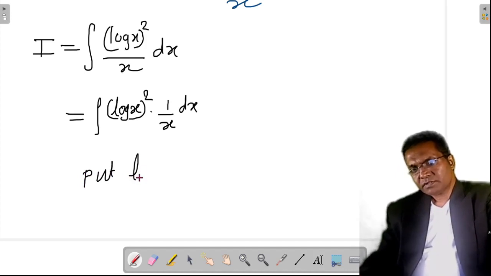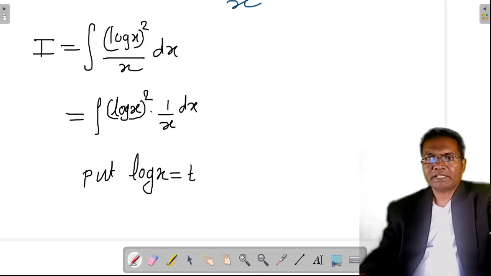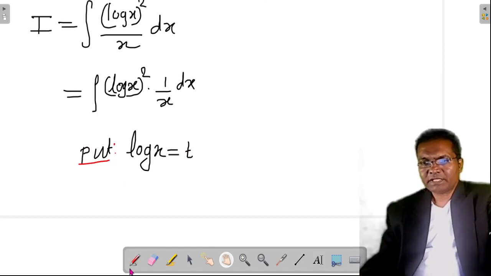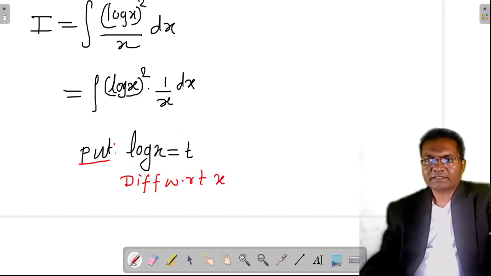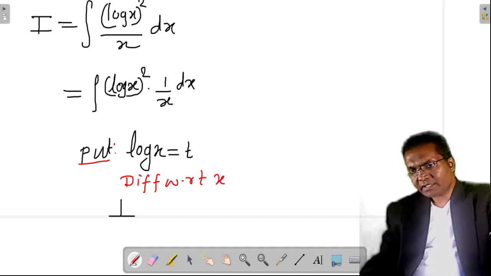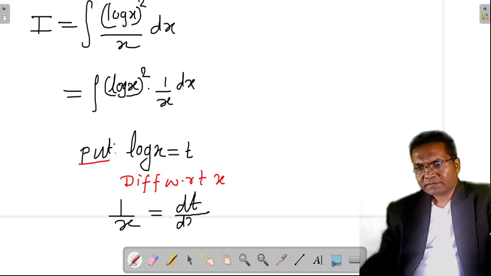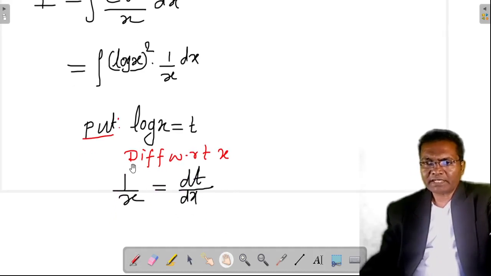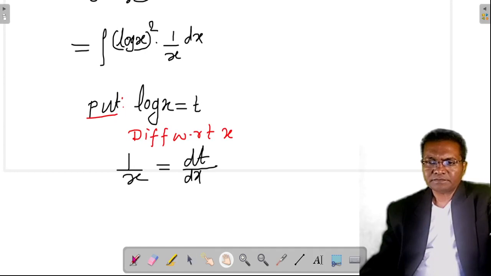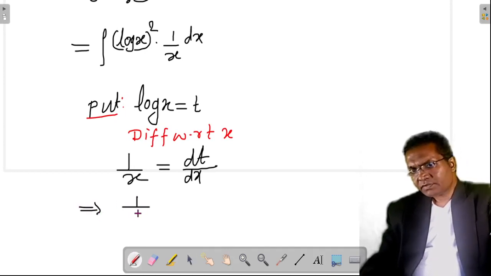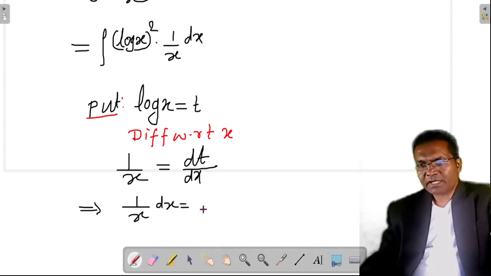Now put log of x equals t. Differentiate with respect to x. The derivative of log x is 1 by x equals dt by dx. Otherwise one can write directly 1 by x dx is equal to dt.